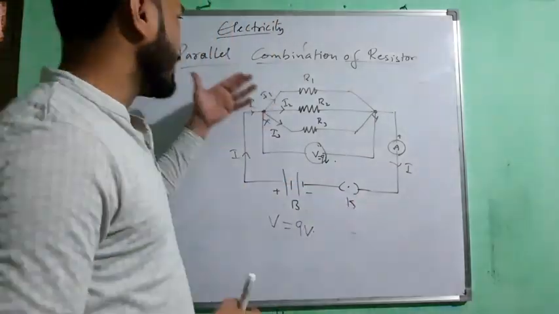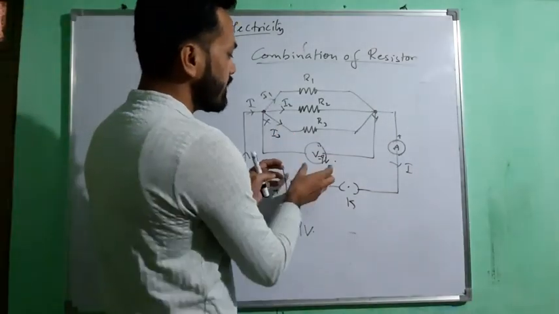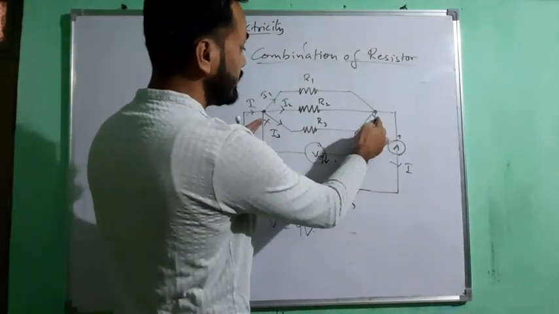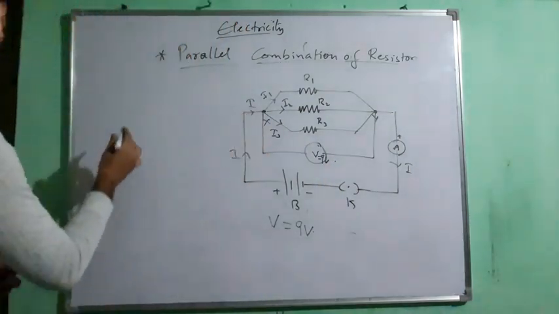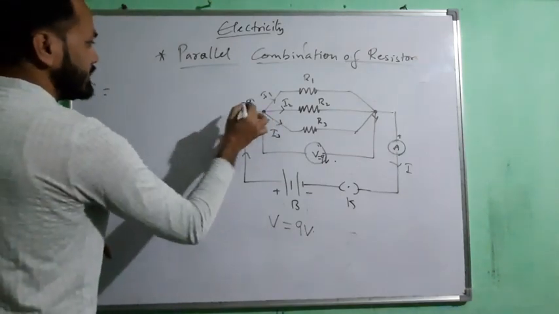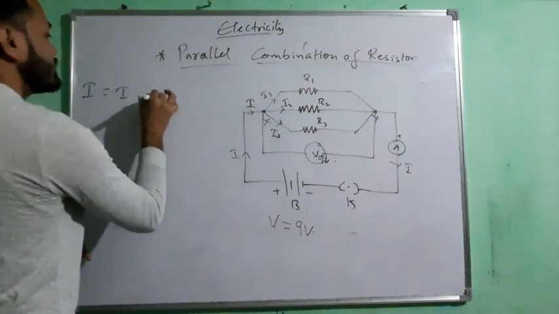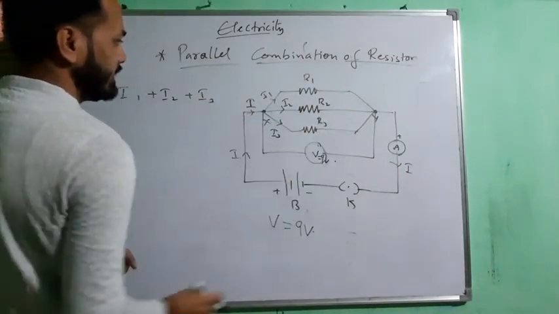In the parallel combination, the current got distributed, whereas the potential difference between the 2 points remains the same. So I can write here that the supplied current is equal to the sum of the current through each resistor.